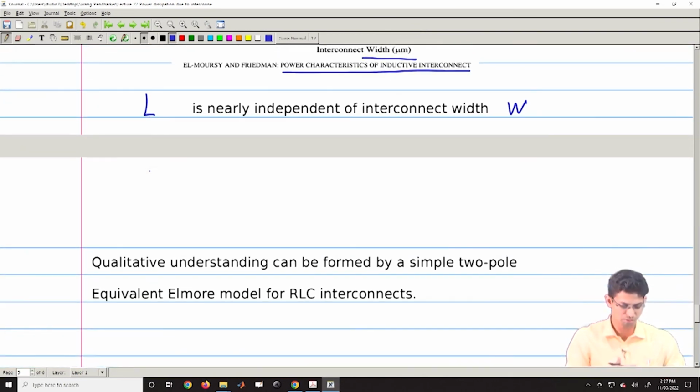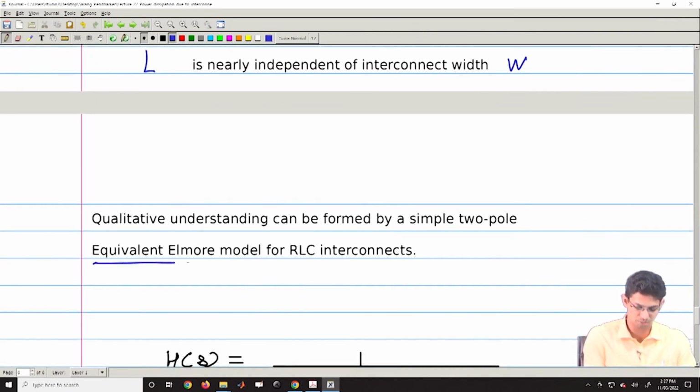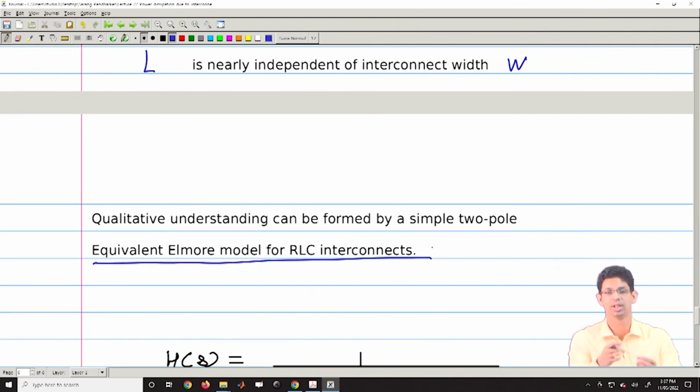So, again we will go to the equivalent Elmore model, to get some qualitative understanding of how width is going to affect the delay, and therefore also the short circuit power.